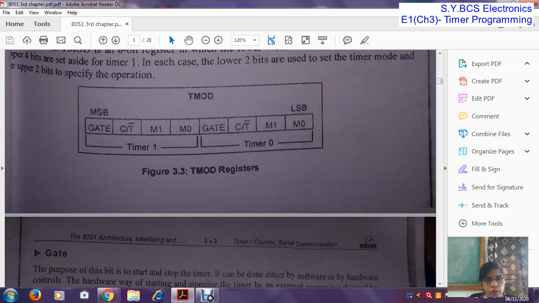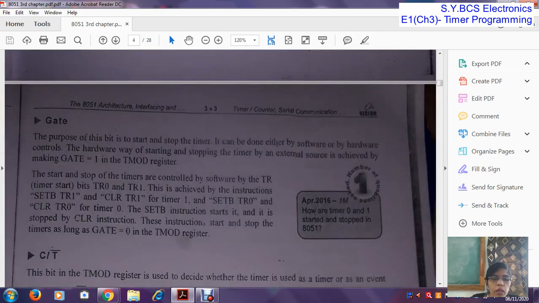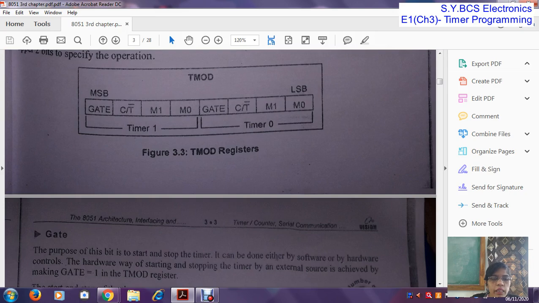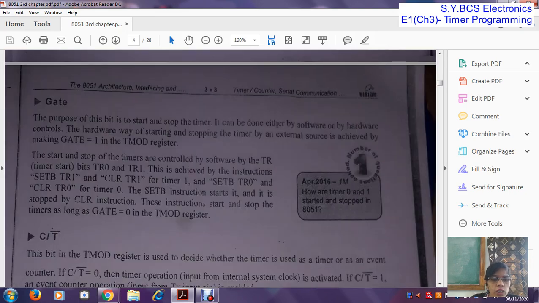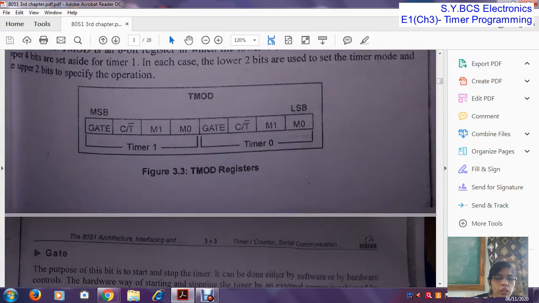When the GATE bit is 1, the timer is started and stopped by the hardware method, but we want to start and stop the timer by the software method, so we make this bit 0.